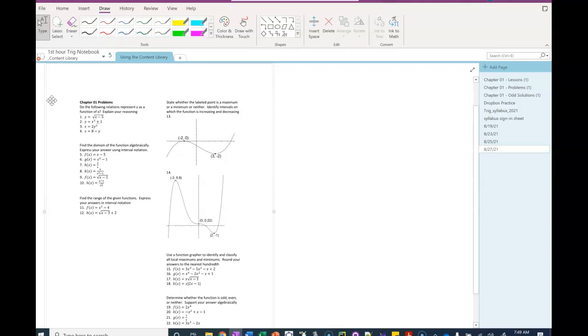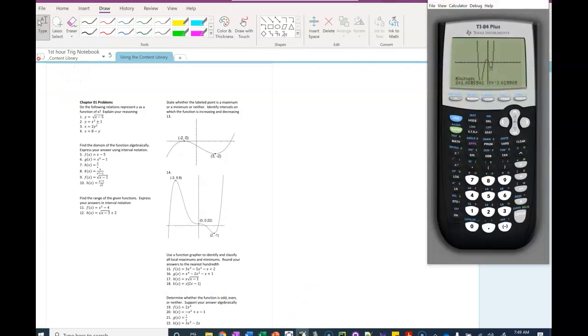So here it says use a function grapher, aka your graphing calculator, to identify and classify all local maximums and minimums. Round your answer to the nearest hundredth. So fire up my graphing calculator here.